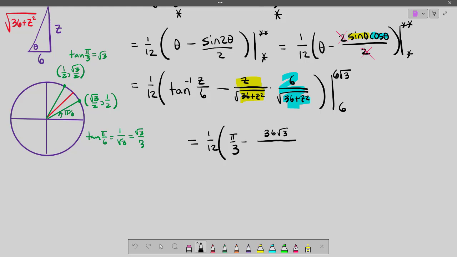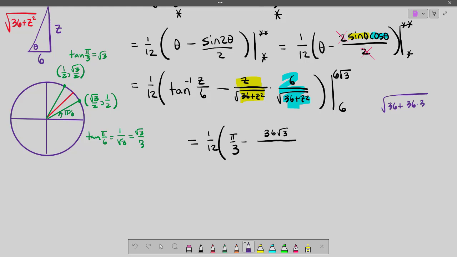So there's our numerator. Down here, when we square 6 root 3, we get 36 times 3. Let's come off to the side. Inside this square root, we have 36 plus 36 times 3. We okay with that? Because if you square that, you square the 36, you square the root, and you get what's inside the root.